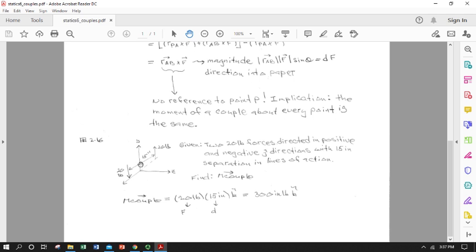And we know that the two forces are defining a plane that is the xy plane. And so the normal to that plane is the z-axis here.